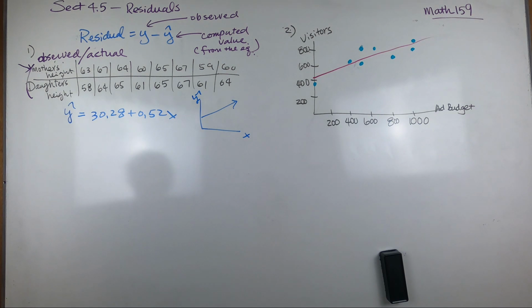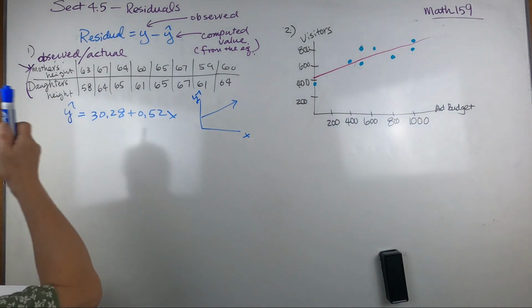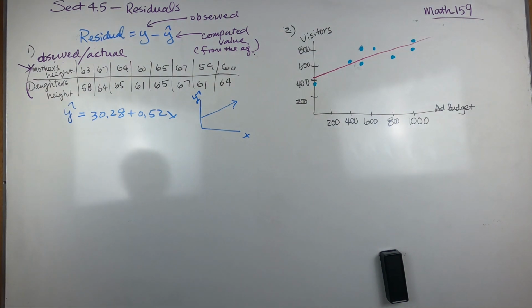According to this equation, the taller the mother is, the taller the daughter is. Or is it the taller the daughter is, the taller the mother is? Which one is which?